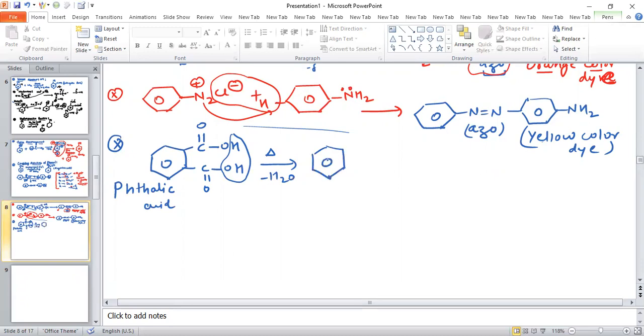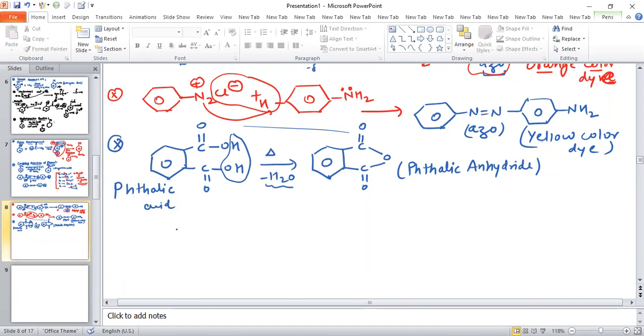This is benzene having C double bond O, and this has an oxygen. This compound we call phthalic anhydride. So after removal of water, we call it phthalic anhydride. Now see what happens.